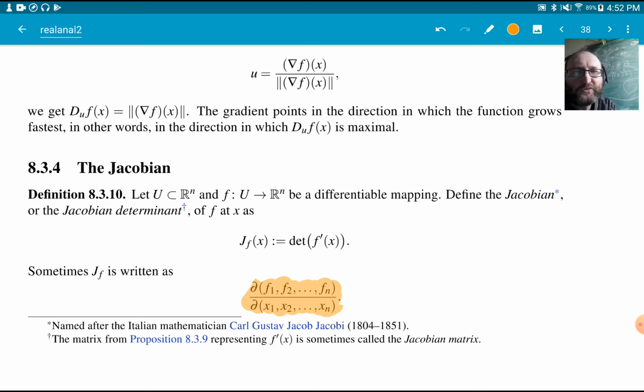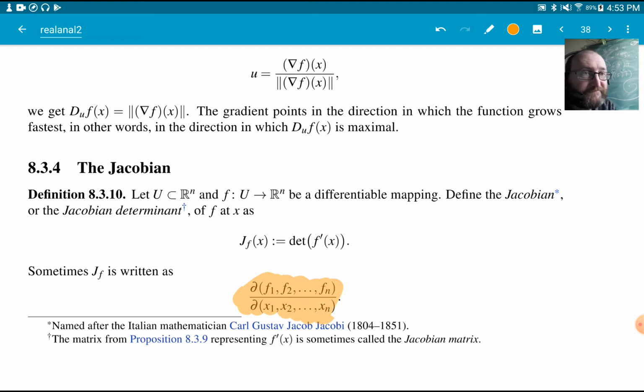Now, the reason for doing that is that it allows you to write down, if you only want to pick certain variables, so if you're going to fix some variables and just consider the function in terms of just some of the variables, then this allows you to do that, right?